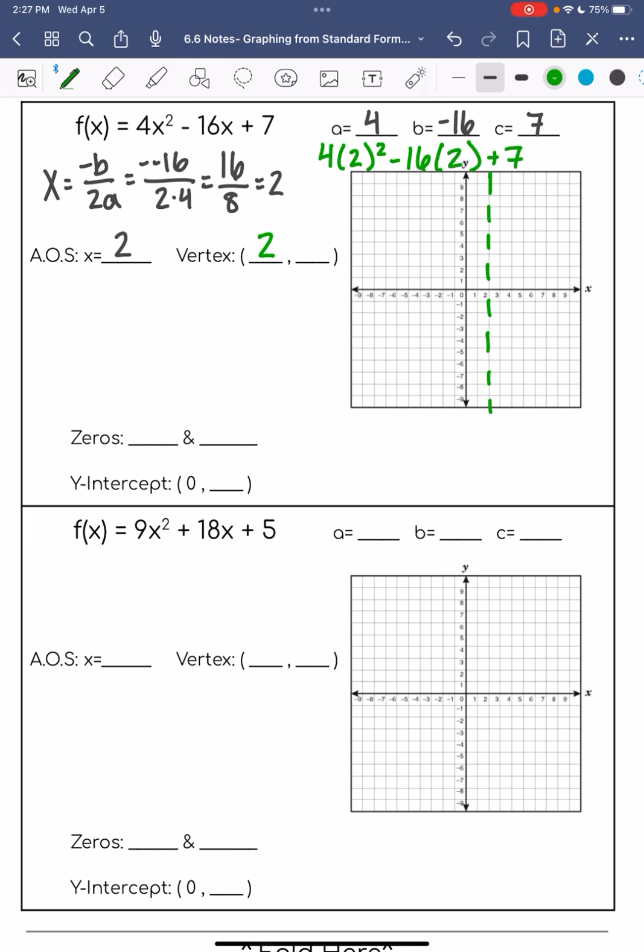I could either plug that all into a calculator or work it out by hand. I'm going to work it out by hand because I don't want to switch my page to a calculator on my iPad. 2 squared is 4. 4 times 4 is 16. So I've got 16 minus 16 times 2, which is 32. 16 minus 32 is negative 16. Negative 16 plus 7 is negative 9. So that means my vertex is at 2, negative 9. I can go ahead and graph that. I go over 2, down 9.